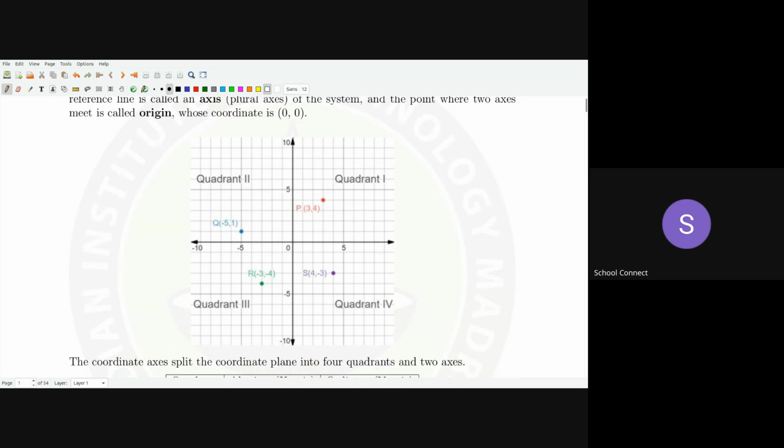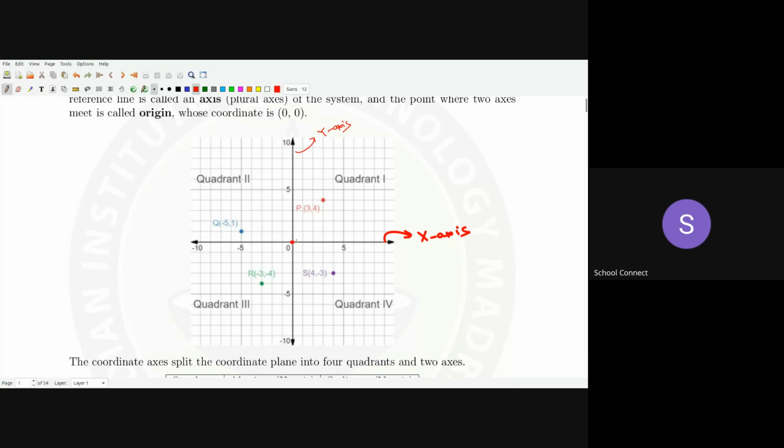One is called the x-axis and the other is called the y-axis. The x-axis is the horizontal line which you see here, and the y-axis is a vertical line. So this is the x-axis and this is the y-axis. The point at which these two axes intersect is called the origin.